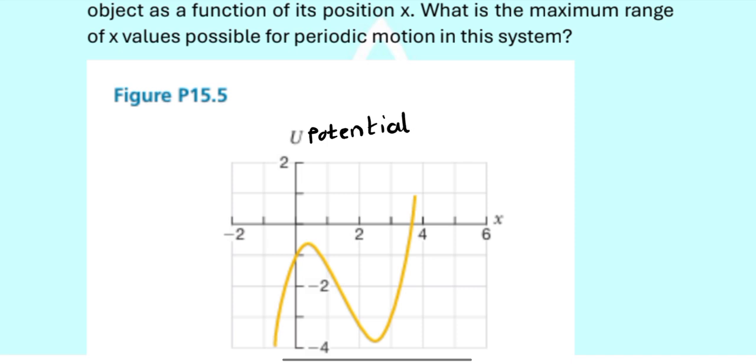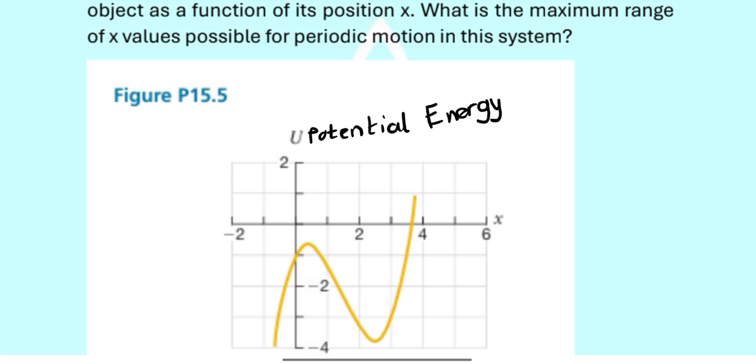This object is not in periodic motion, but we are being asked what is the maximum range in which the values of x will be possible for periodic motion.